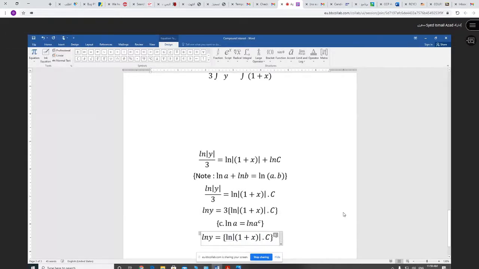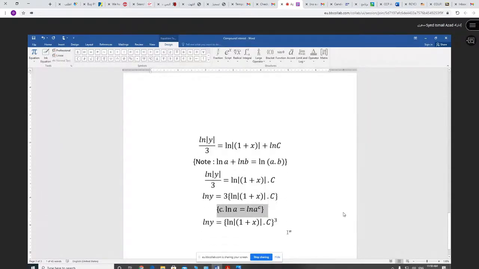This will come over here. Okay, so this three will go to the power because of this property. This is the property of the log.